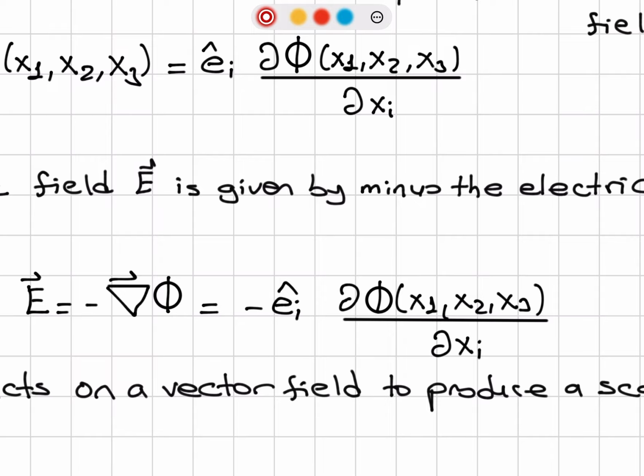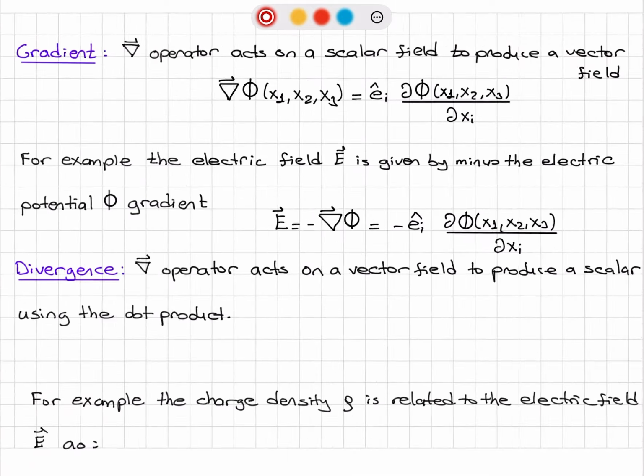So i can take values 1, 2, and 3 for Cartesian coordinates, for example.